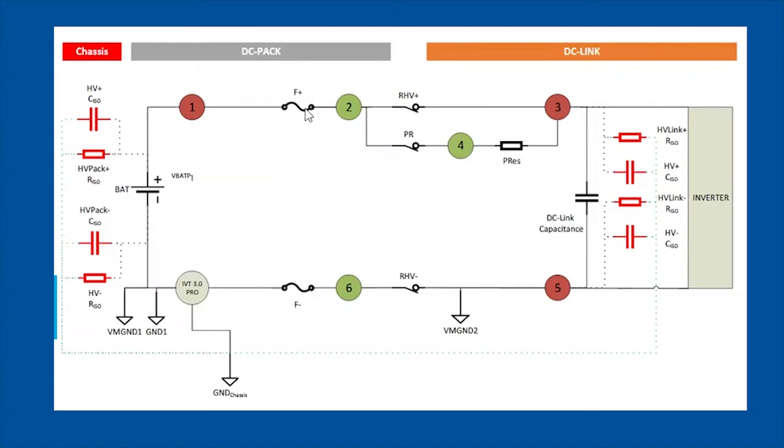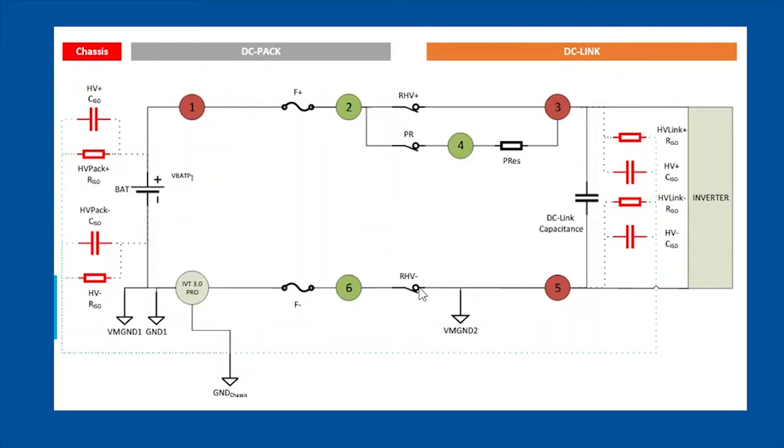We have the fuse on the high voltage plus side, then the pre-charge circuit, the relay on the high voltage plus side, the pre-charge relay down below, a sensing point in the pre-charge circuit, the pre-charge resistor, and then the DC link circuitry with sensing points on the positive and on the negative side.